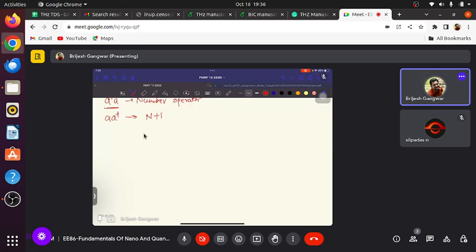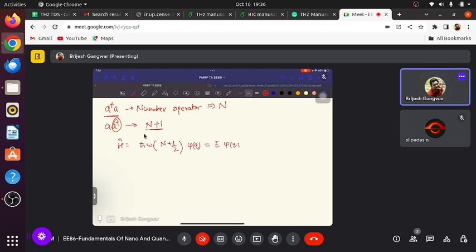So the Hamiltonian you can simply write as h cross omega (n plus half) psi n, then it will be E psi n. So this is the use of this number operator. You can go much deeper, but we will not go now.